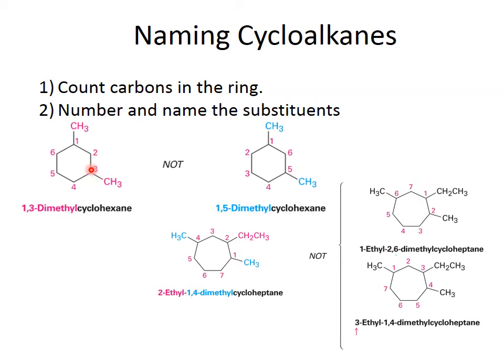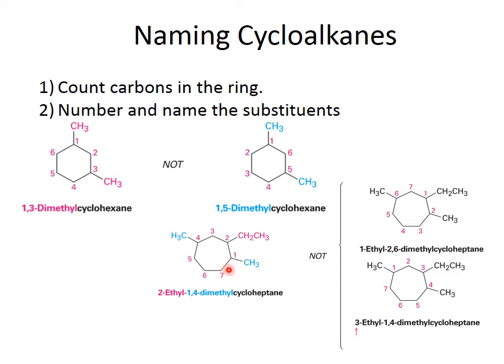Now if I look at this, I am going to number these to get the lowest numbers. So I'm going to say 1, and I could go 2, 3, 4, 5, or I could do 1, 2, 3. If I do it this way, that gives me higher numbers, 1, 5, then 1, 3. So this would be 1,3-dimethylcyclohexane.